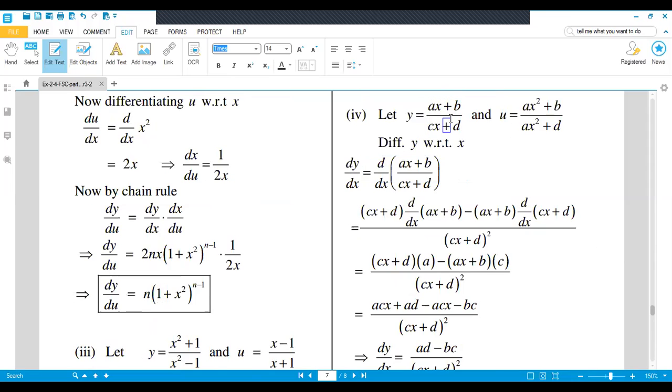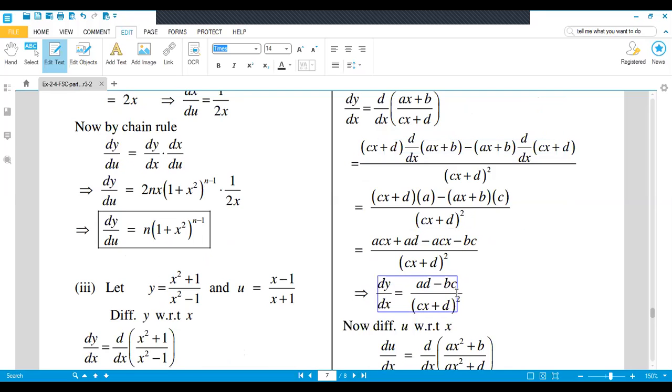In the fourth part, the first value is supposed to be y, the second value is supposed to be u. And then we apply the quotient rule on y with respect to x, because it is given in the form of a fraction. Here c is considered as a coefficient, and d and b are constants.